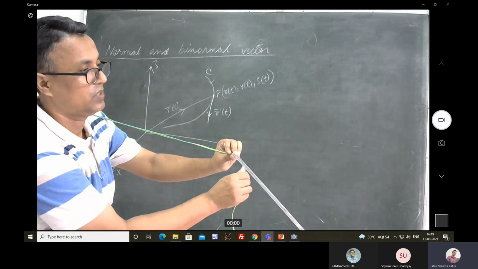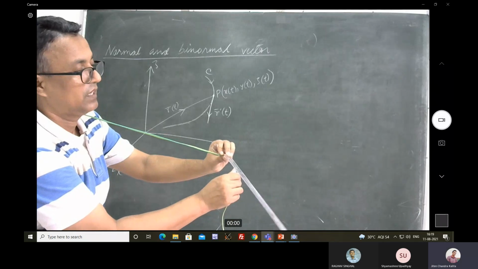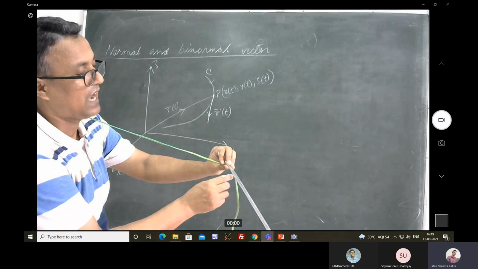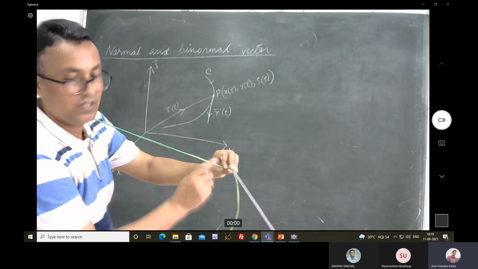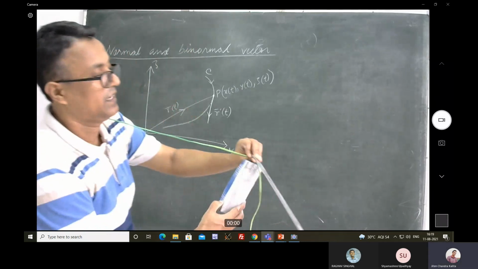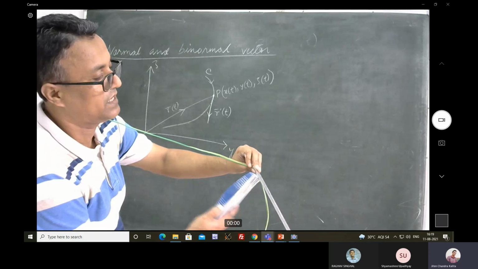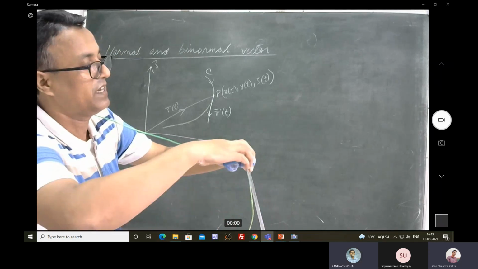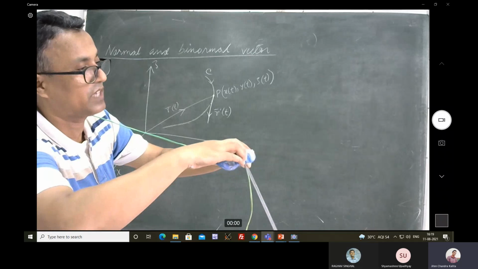Now there will be infinitely many directions where I can find a vector. Like in this way, I can find a vector like this, which is normal to this tangent.